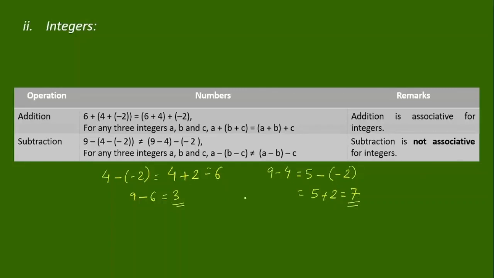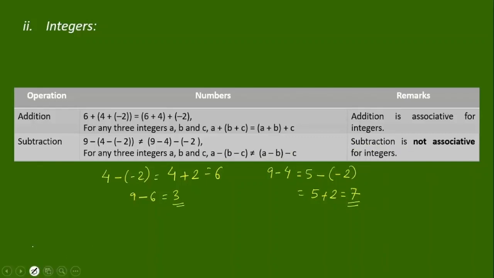So 3 and 7 are not equal. So that's why we can say that for any three integers A, B and C, A minus (B minus C) is not equal to (A minus B) minus C. So this leads to the conclusion that subtraction is not associative for integers.